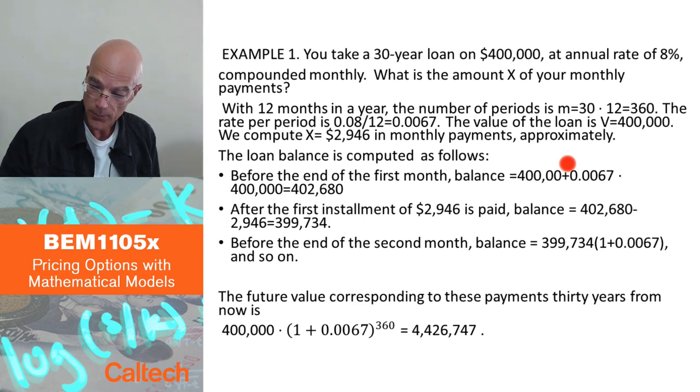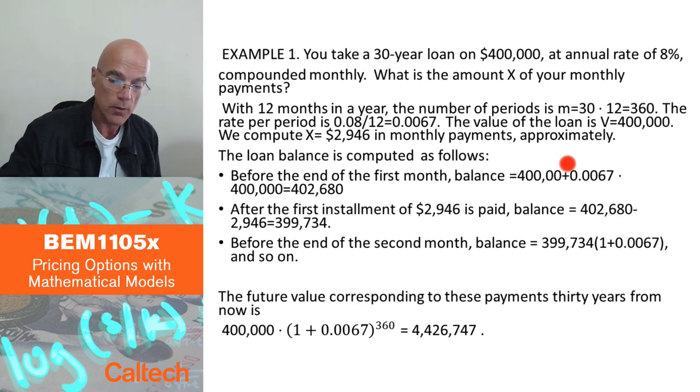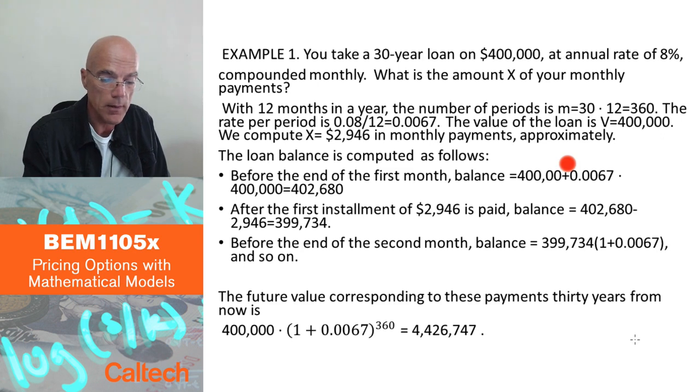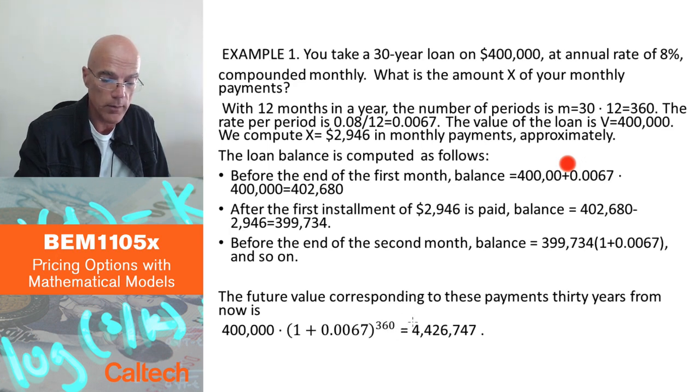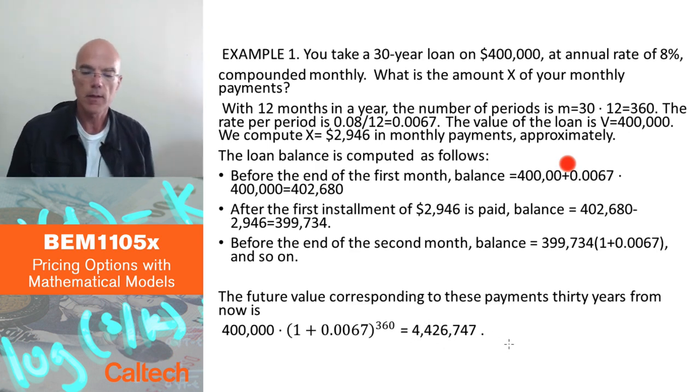You can compute that as 400,000 times 1 plus 0.0067 to the 360, the number of periods in 30 years. After 30 years you will have about 10 times more, 4.5 million approximately, just as a curiosity to see what the numbers are.